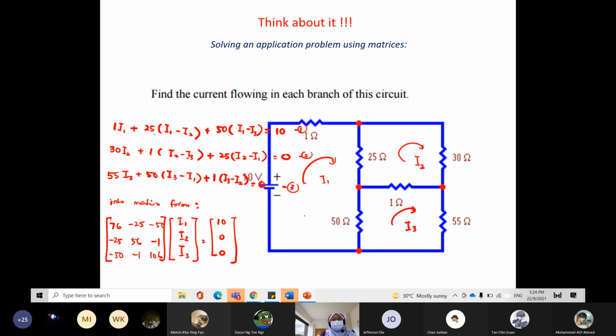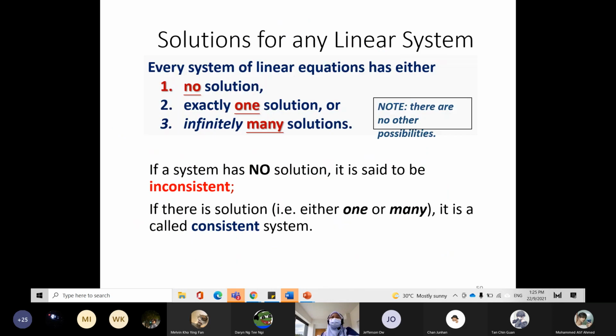Okay. Any questions? Okay, so if no question, then we can continue on the solution for the linear system.